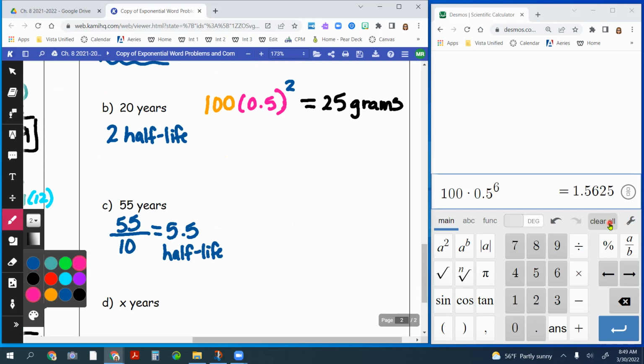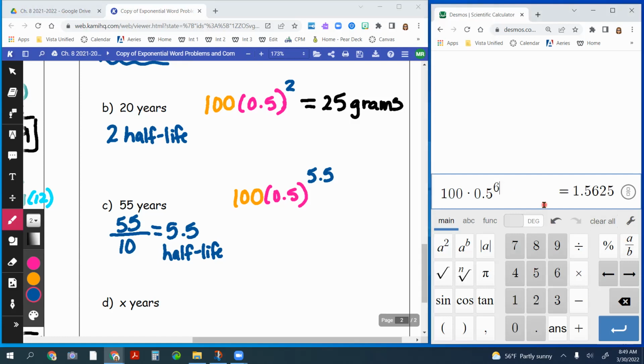So I am going to take 100 times 0.5 raised to the power 5.5. So let me change this exponent up here to 5.5, and we end up with about, and I'm going to round this one, 2.21 grams.